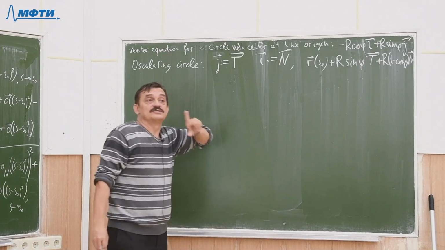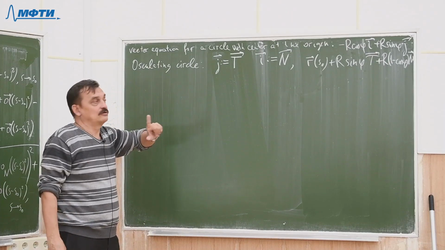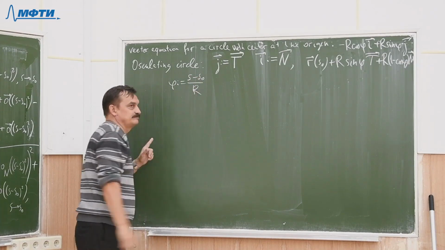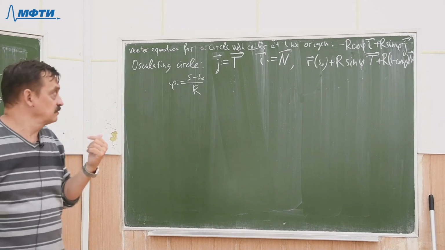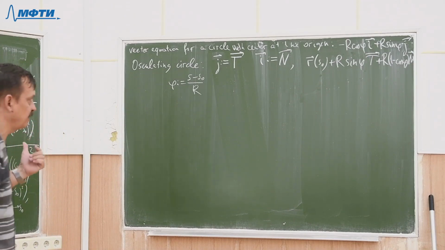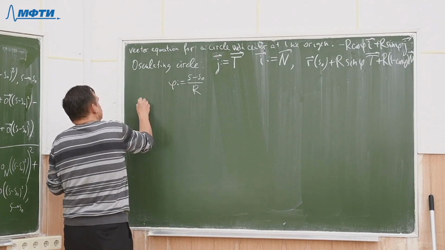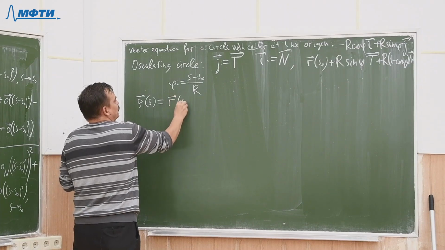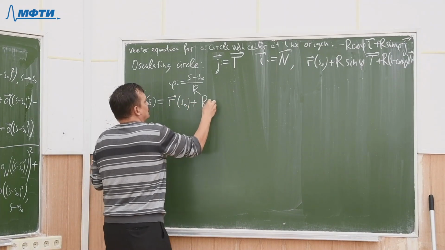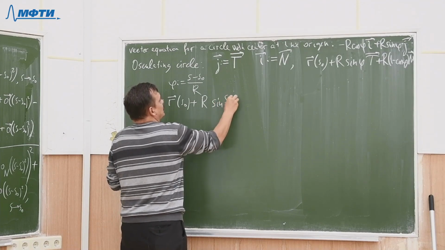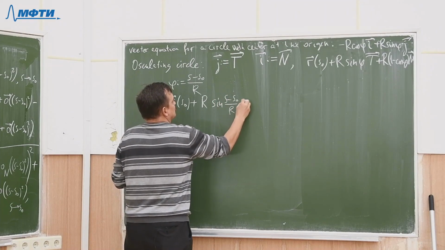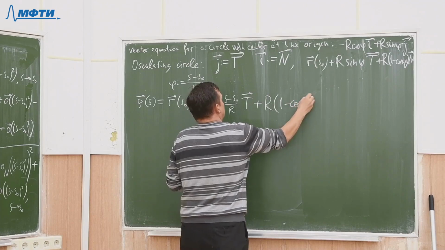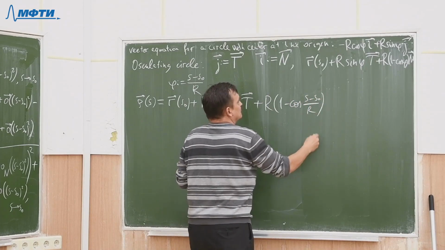Now, a suitable choice of phi will be S minus S naught over R. Then the osculating circle rho of S will be R of S naught plus R times sine of S minus S naught over R t plus R times 1 minus cosine of S minus S naught over R times n.